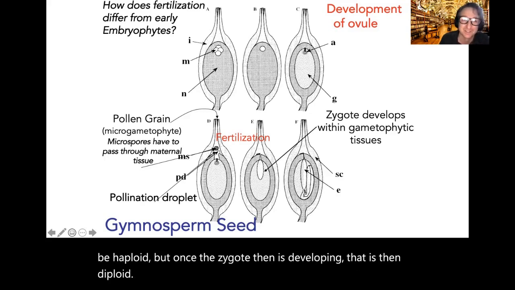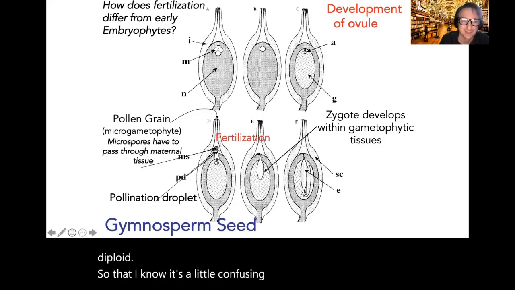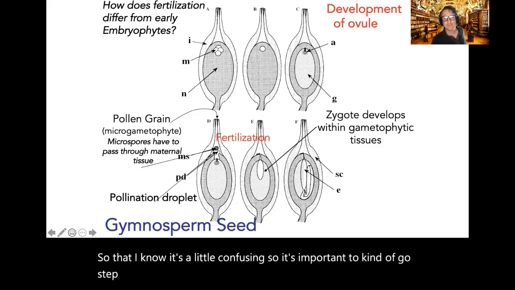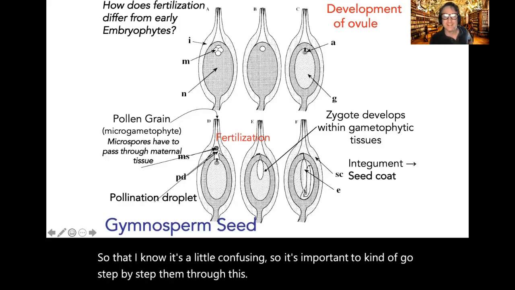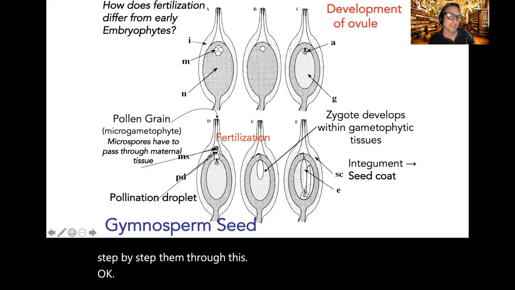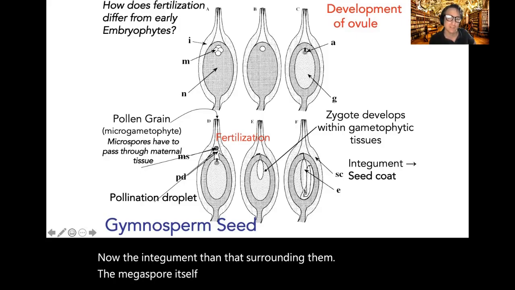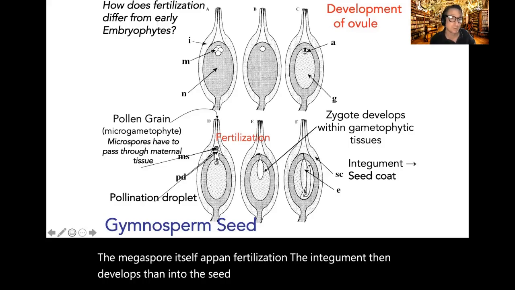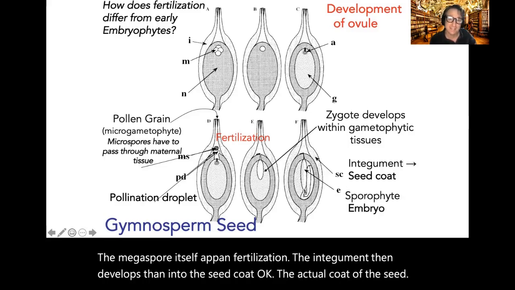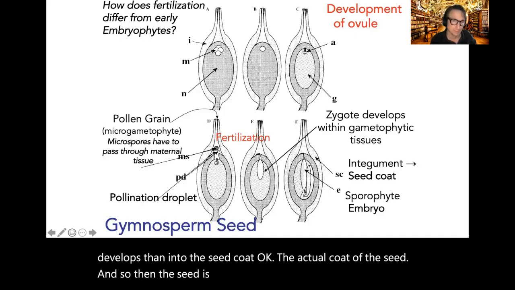I know that's a little confusing, so it's important to go step by step through this. Now, the integument surrounding the megaspore, upon fertilization, develops into the seed coat, the actual coat of the seed. And so the seed is containing this sporophyte embryo.